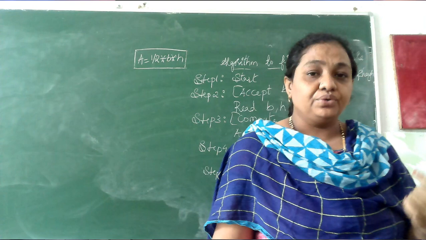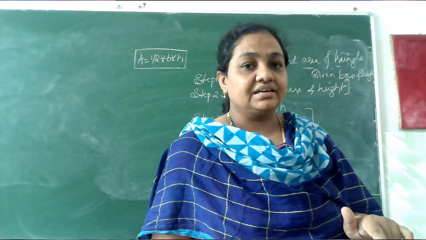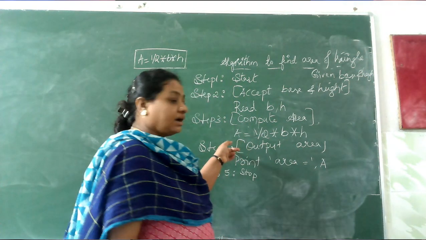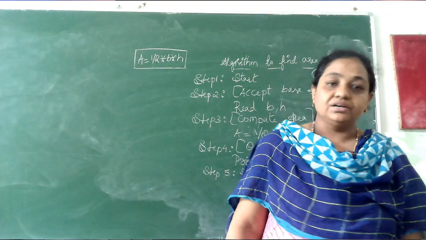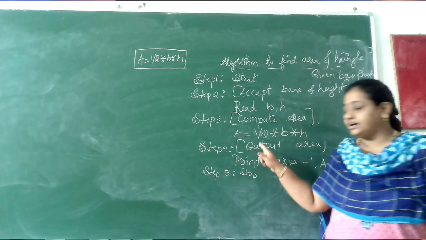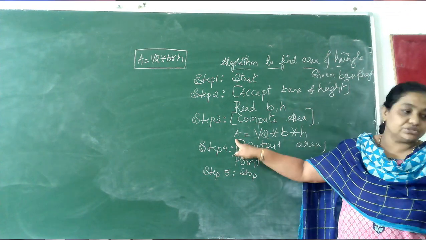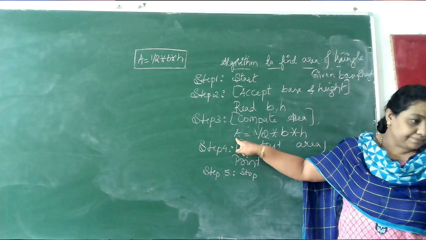When you have to calculate area of triangle, we require base and height, or we require sides. So there are two ways in which we can calculate the area of triangle: one is given base and height, the other is using the sides.